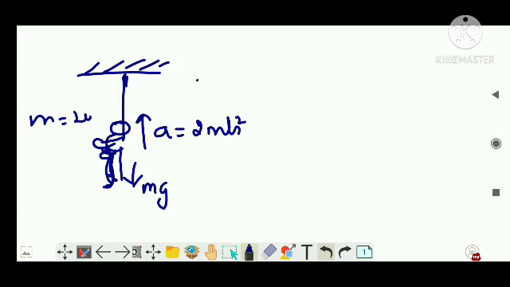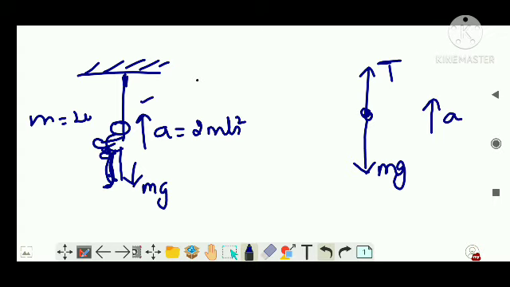Now the question is, the monkey is pulling the string downwards, and the string will be pulling up. This is the downward force exerted by the monkey, which is mg. Then on the string, a tension will be there. If you are asked what would be the tension in the string, how would you find it? The acceleration is in the upward direction, 2 meter per second square.